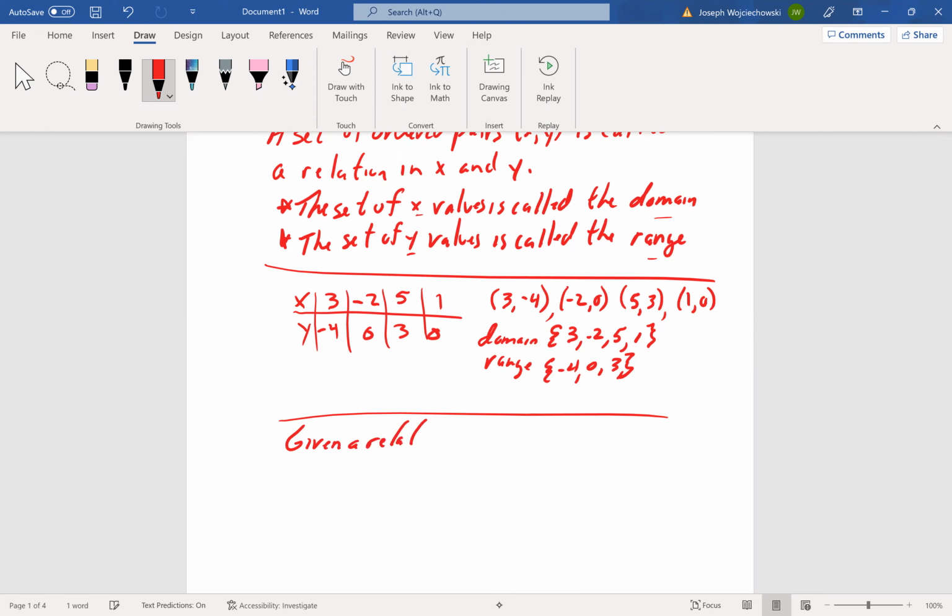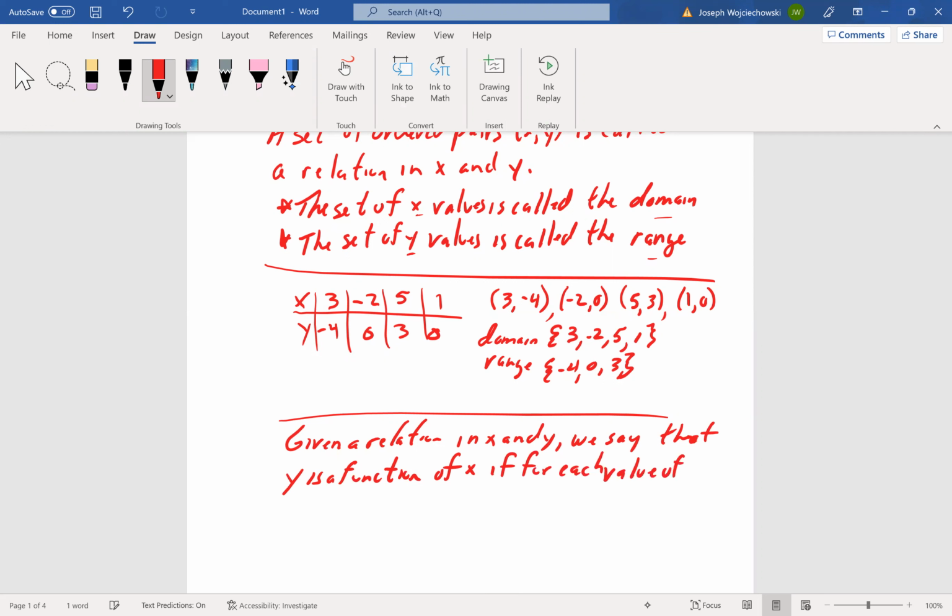Given a relation in x and y, we say that y is a function of x if for each value of x in the domain, there is exactly one value of y in the range.